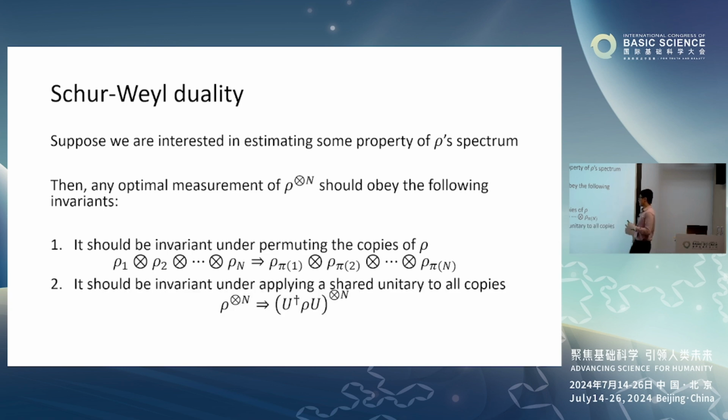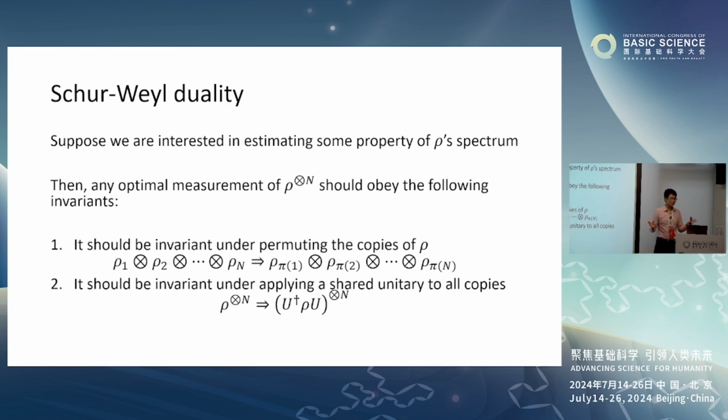And the second thing is that it should also be invariant to applying a shared unitary across all n copies of rho. So if I fix some U and I apply it to all n copies of rho, this doesn't change the spectrum of rho at all. So my estimator should output the same result for rho tensor n and for U rho U dagger tensor n.